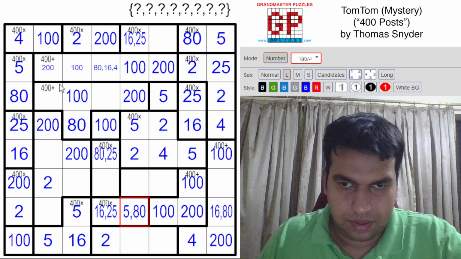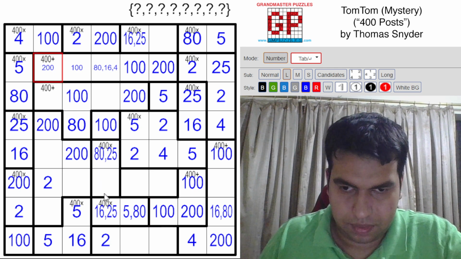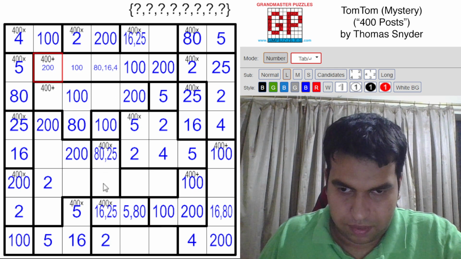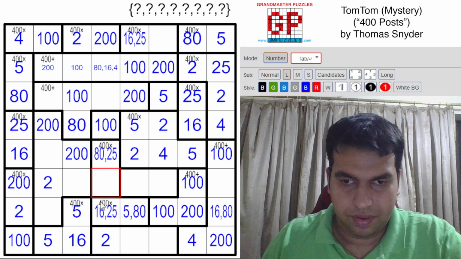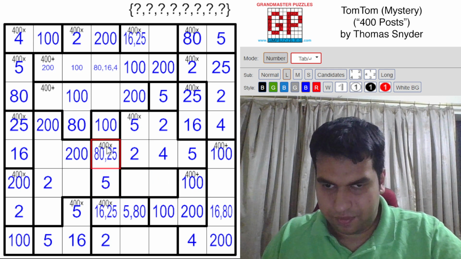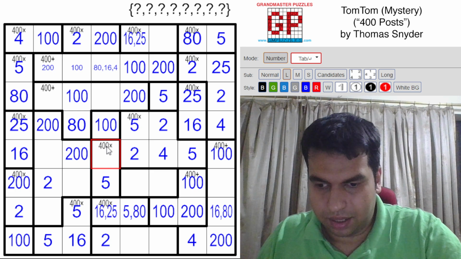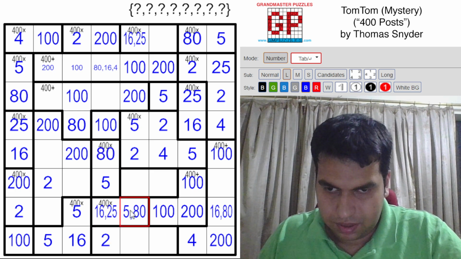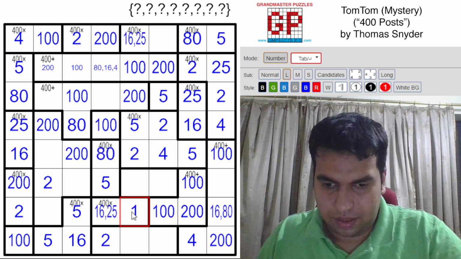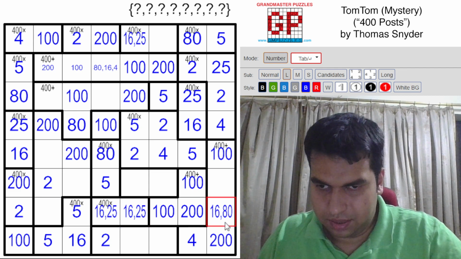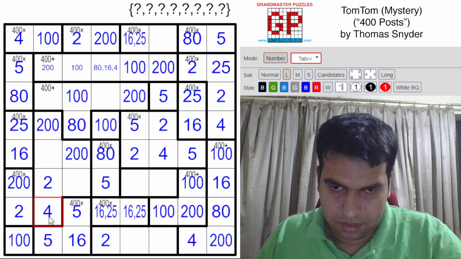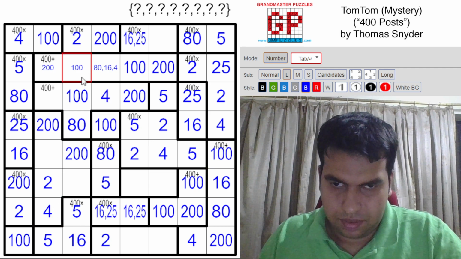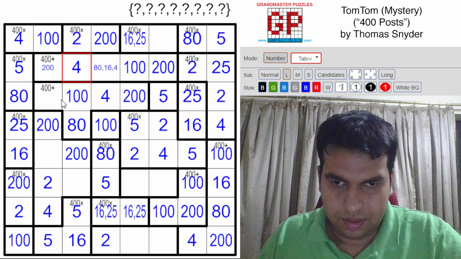Okay, so that limits where we can put a 5. Actually, yeah, the only place remaining for the last 5 is here, and that allows us to resolve this and this as well, and this will be an 80. Now we can just fill in this row.